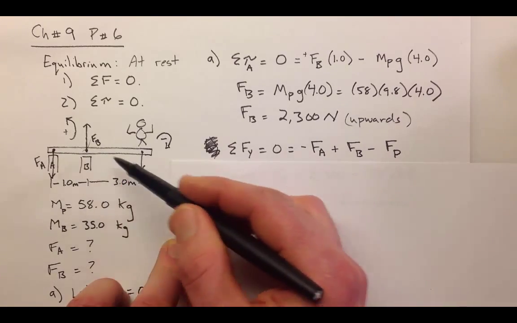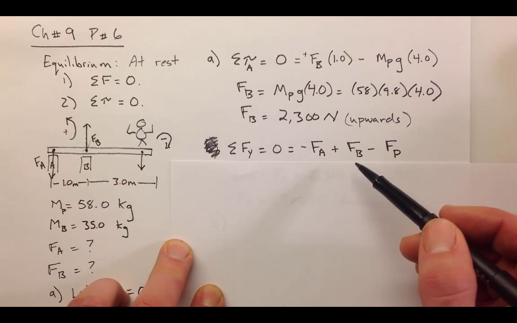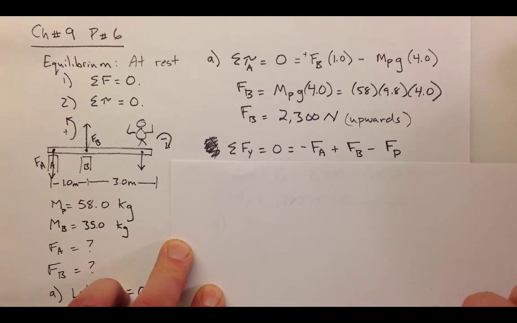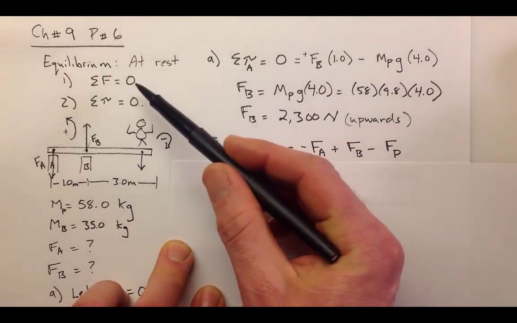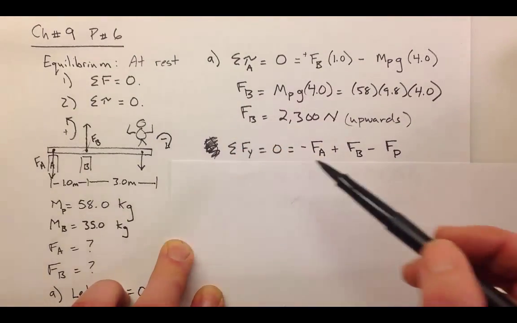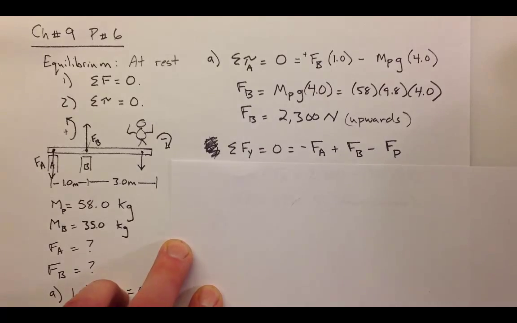Therefore, if I add all of these up, they should add to 0, right? Not a bad equation, right? No torques to figure out or anything like that. This is just going back to trimester 1 here. It's at rest, it's staying at rest. The net force on it must be 0.